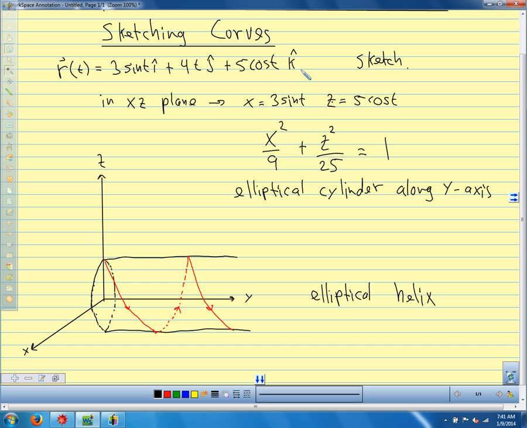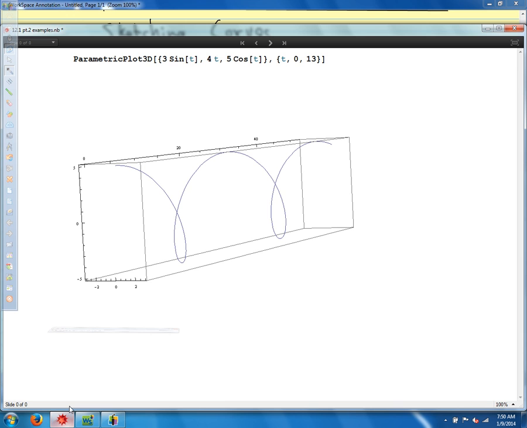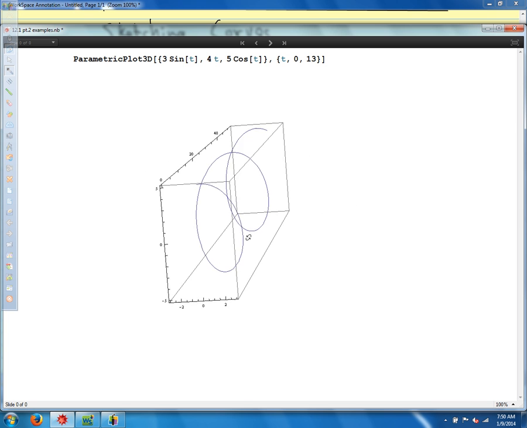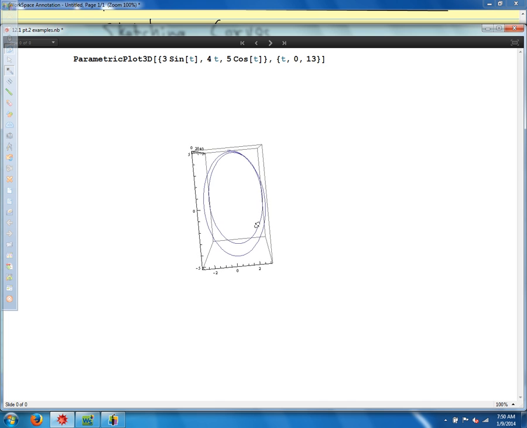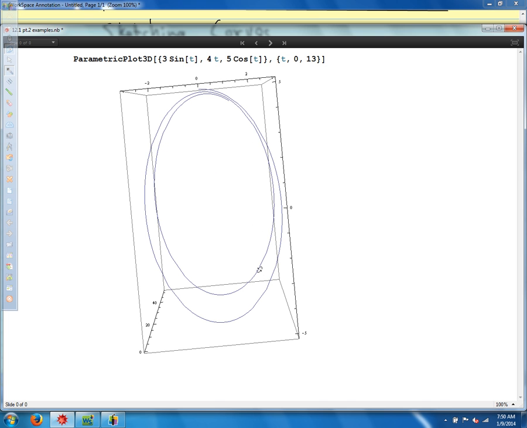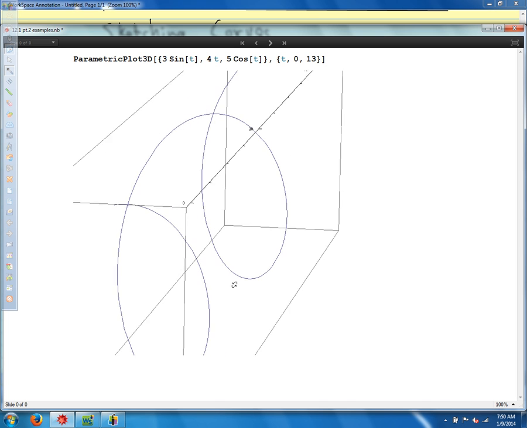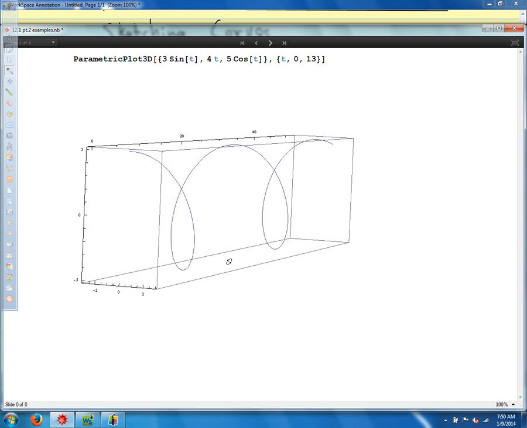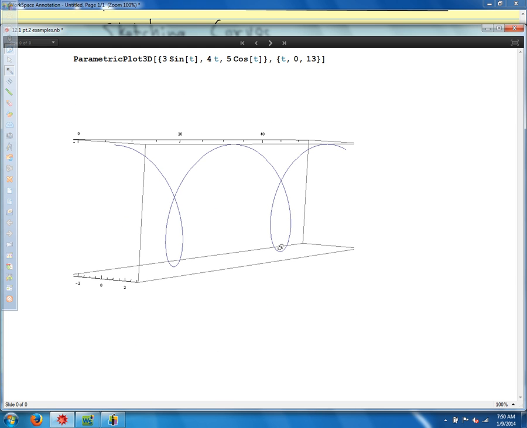And I have a nice 3D model that we can move around. So there's our helix. There's our ellipse in the xz plane. And there's our spiraling along as t increases.